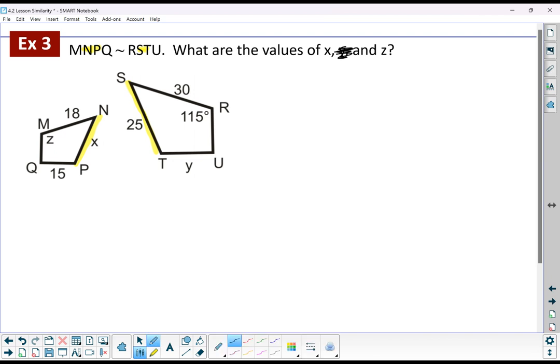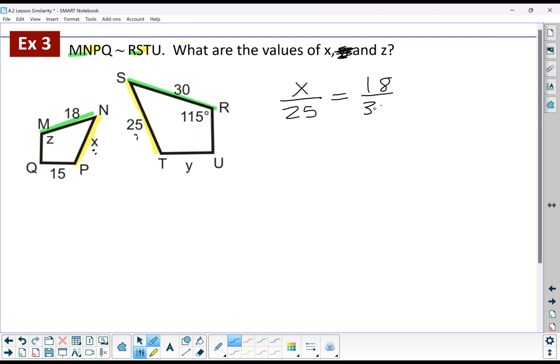So for my first fraction, I'm going to put the x on top and the 25 in the denominator. And I need to find another set of corresponding sides. The only other one I know in this figure is SR. Well, SR corresponds to MN, so this is my other side I'm going to use. Because I put x over 25, I have to put for my second fraction 18 over 30.